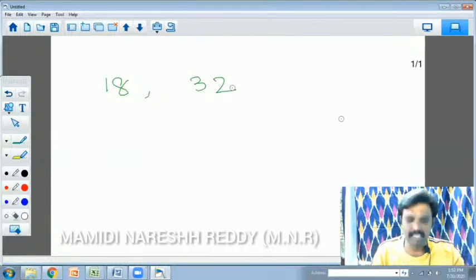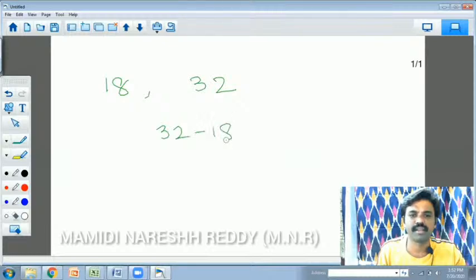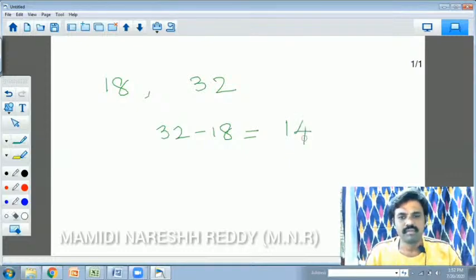As we discussed, let us find the difference of 32 and 18. It is nothing but 14. But see, 14 is not a factor of 32 and also 18.